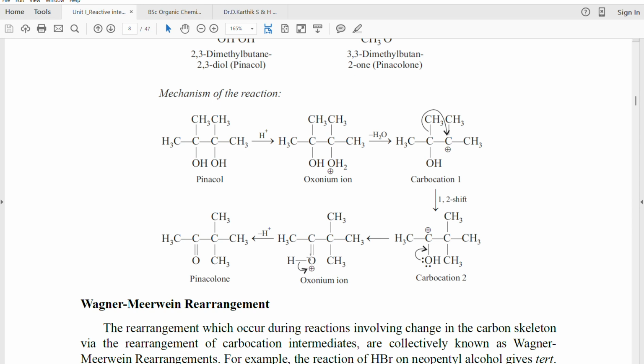And once the resonance stabilized carbocation forms, then there will be a regeneration of the catalyst. The catalyst should reproduce during the final stage of the reaction. So initially you added a proton, and in the final step the proton should come out from the intermediate, right? So you remove a proton and finally you get the product.